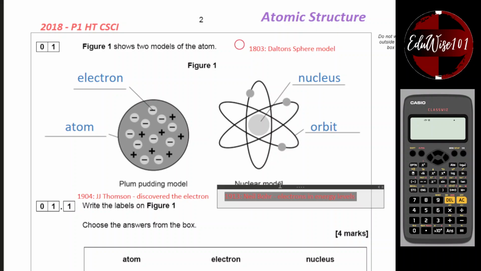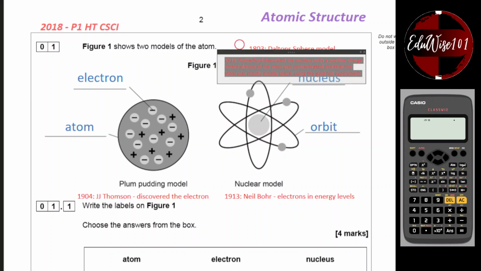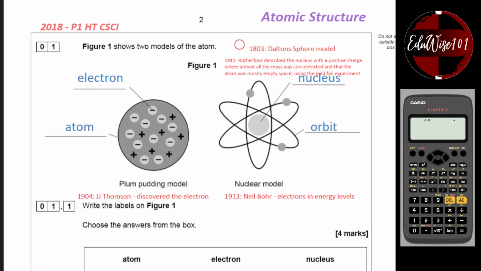So the nuclear model was proposed in 1913 by Niels Bohr, who said that the electrons are in energy levels. They are not just simply scattered around, right? And between that, in 1911, Rutherford described the nucleus with a positive charge. So after John Dalton's sphere model, the plum pudding model was described once the electron was actually discovered.